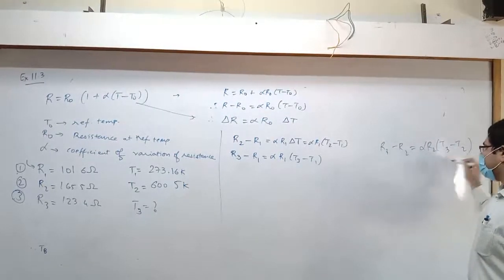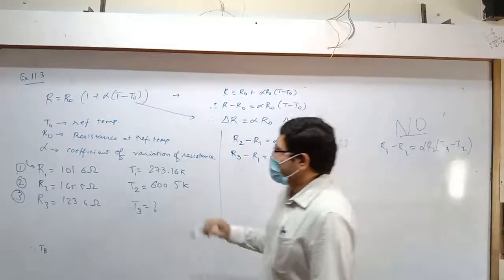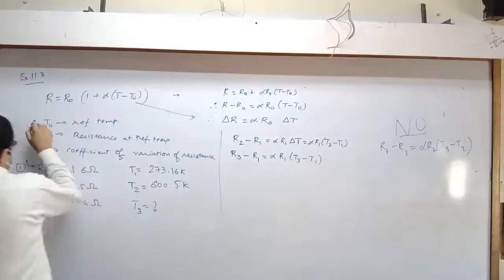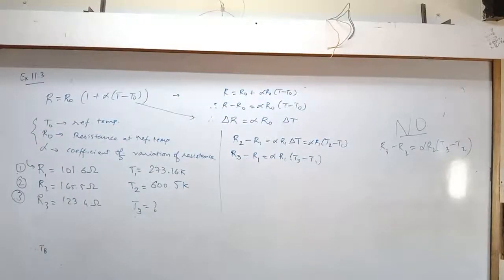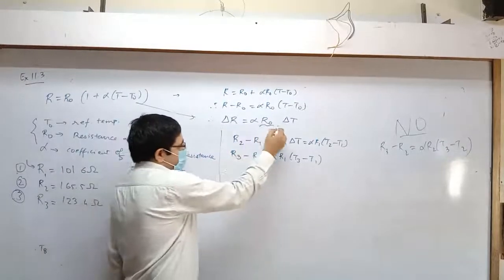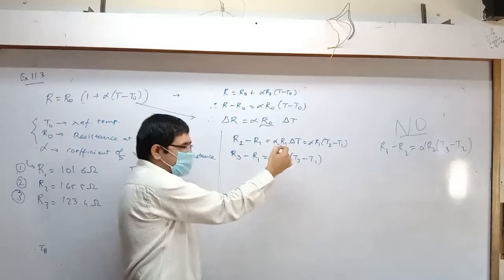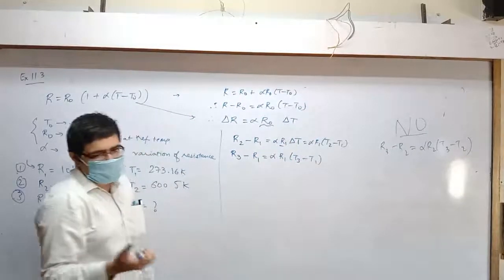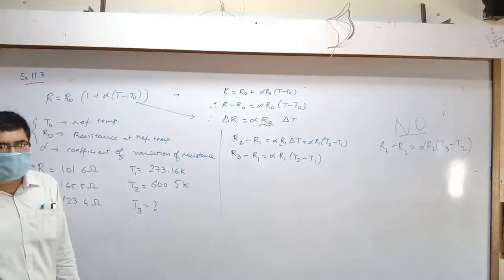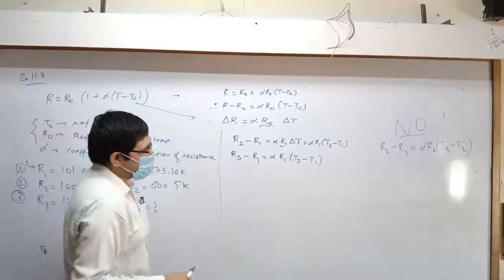The answer is no. Because in this formula you need to have a fixed reference temperature. It doesn't work that one time you take T1 and R1 as reference and the second time you take R2 and T2. No. So you have to take the same one. Got it? Okay, so now we have got these two.